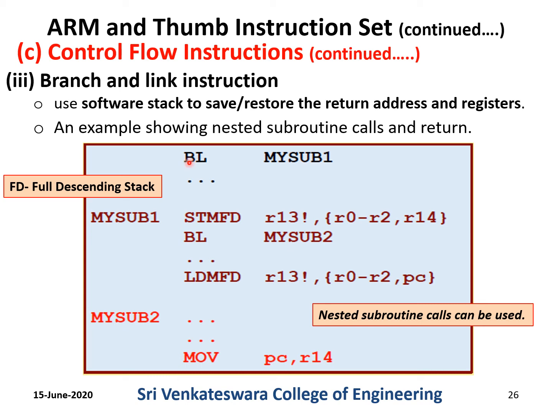When the instruction BL MYSUB1 is executed, the program counter, which is pointing to the next instruction in the main program, will be copied into the link register R14, and control will be transferred to MYSUB1. In the first subroutine, the first instruction must be STMFD, which stands for Store Multiple Registers Full Descending stack.